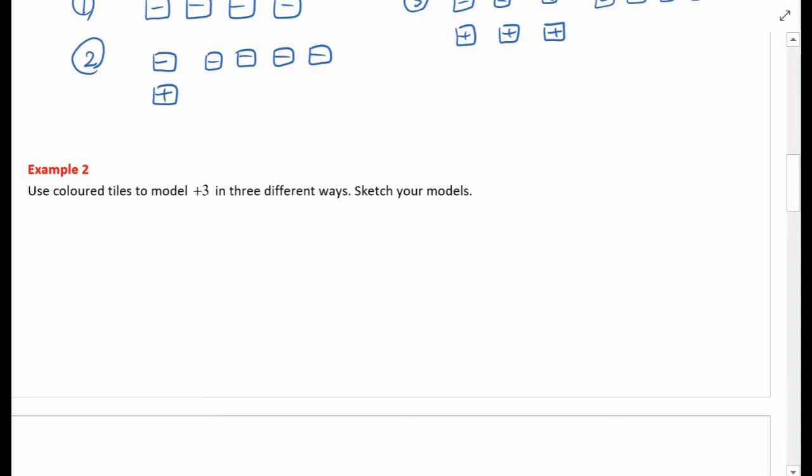Okay, now I want you to model positive 3 by yourself in 3 different ways. Pause the video and model positive 3 in 3 different ways. Go ahead, everyone. Alright, have you guys tried it? So let's do it together. First, the simplest way of doing it is putting 3 positive tiles. Second, let's introduce 2 zero pairs.